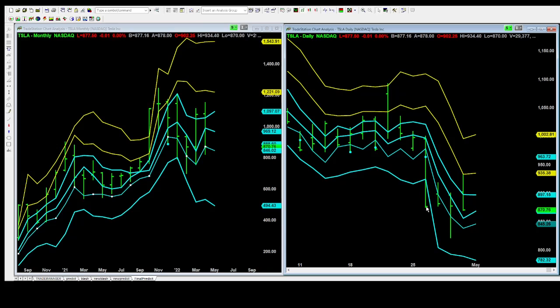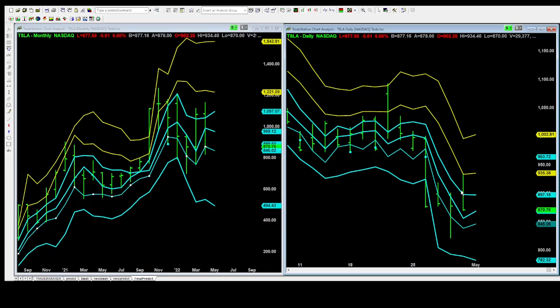It dropped from $998 to $876, almost by about $122.